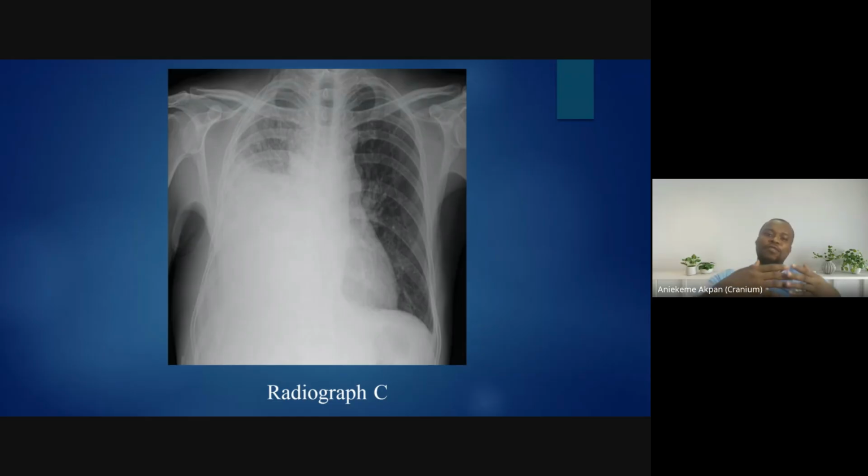How can we differentiate this? How can we see that this air is within the thoracic cavity? We said we are going to look carefully at the ipsilateral thorax, that's the affected thorax, to look for a pleural line. A pleural line is the outer edge of the remaining functional lung tissue.